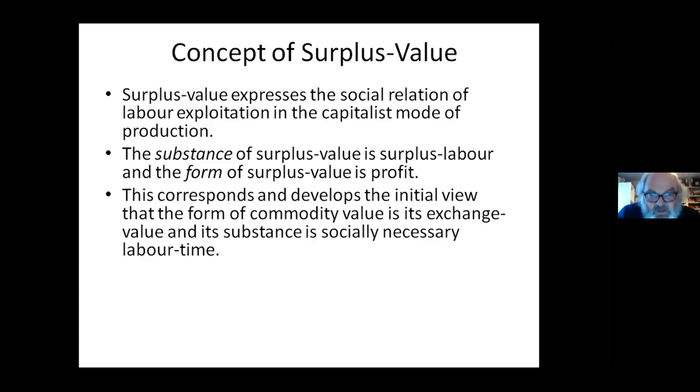So the substance of surplus value is and remains surplus labor. The form of expression, of articulation, of presentation to the world of this surplus labor is profit. So surplus value has the form of profit.